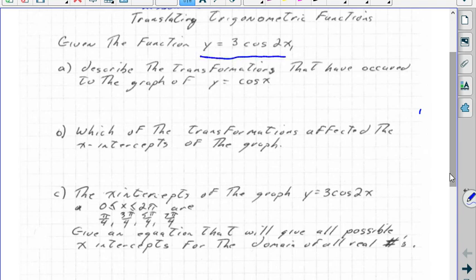We have a function y is equal to 3 cos of 2x. What are the transformations that have been applied to this to get to the graph of y is equal to cos x? What have I done to the graph? Ashley, you give me one?